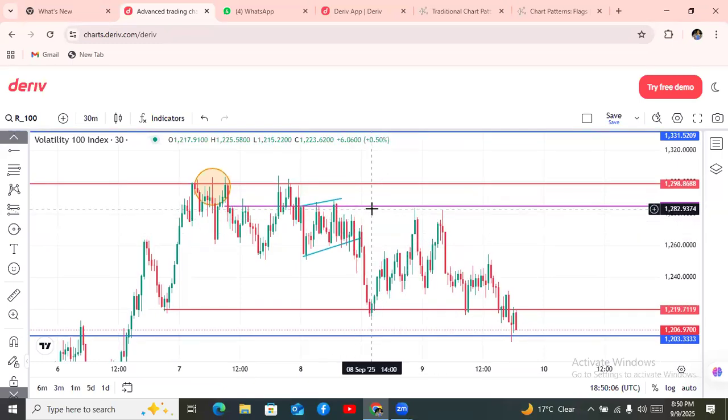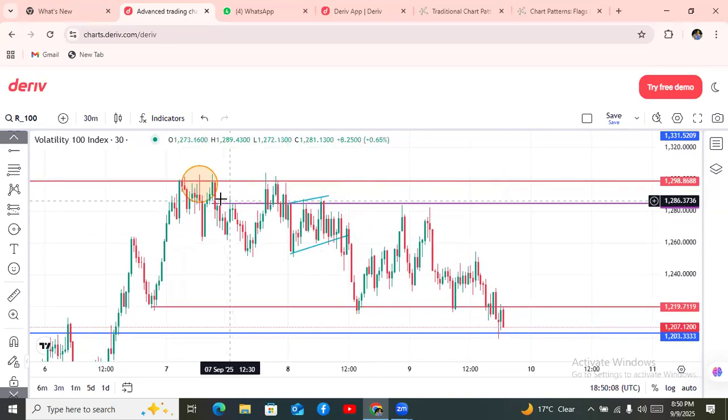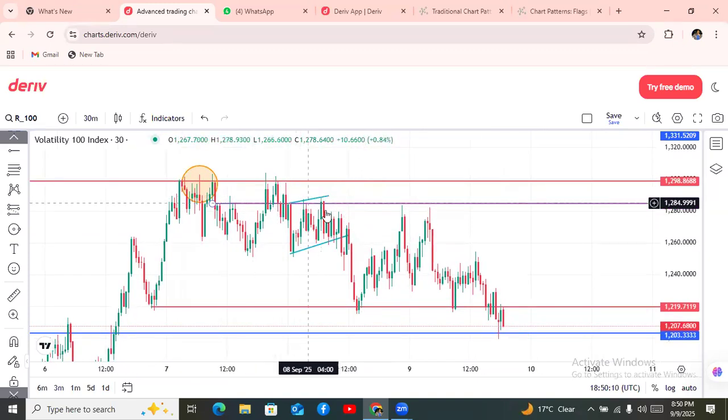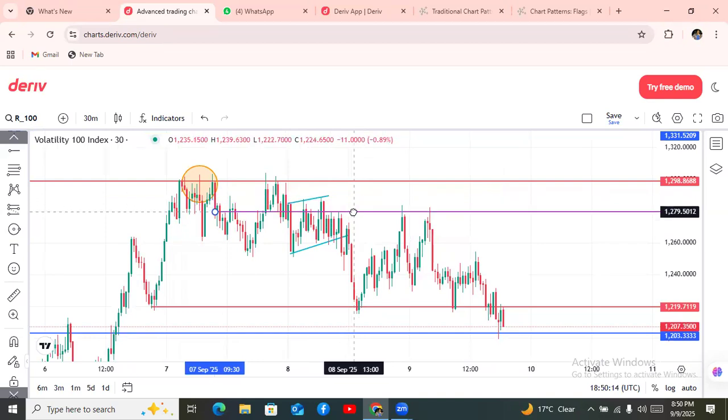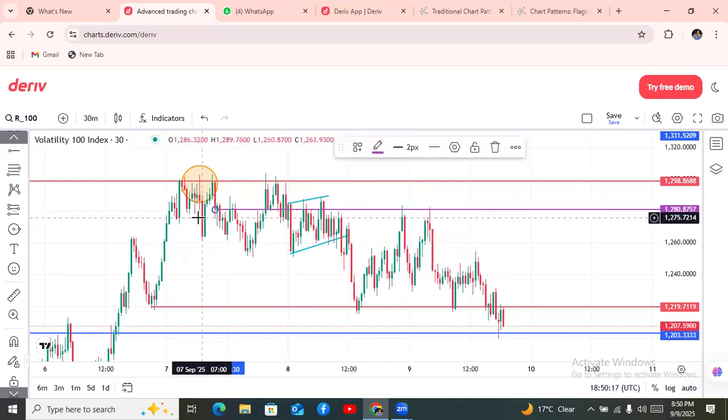Yes. So you can see that price rejected or reacted at this very level. All right. Price also reacted at this very level. If you check on the other side, price was rejecting at this very level, and we can also see that price also reacted at that very level.